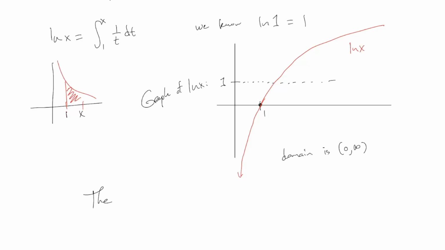So I will say there is some number x with ln x equals 1, right? On my picture, it would be right around here. There has to be some number there where the graph goes through y equals 1.